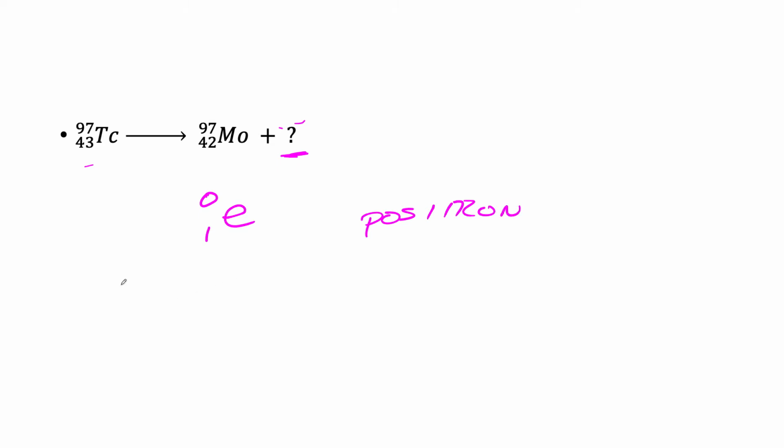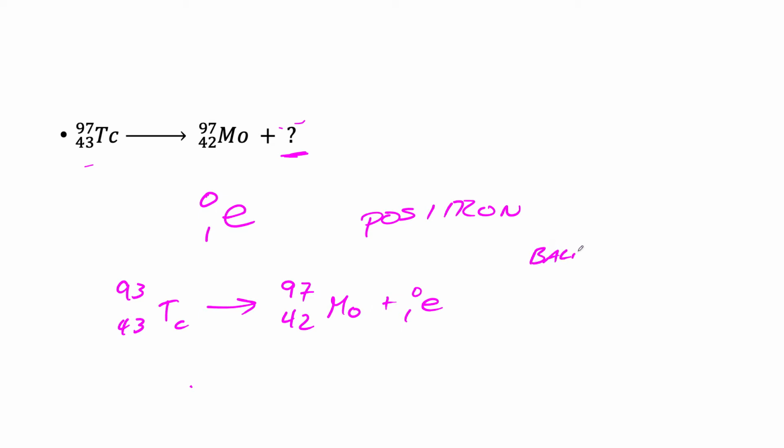So our actual reaction is going to be 97, 43 technetium, Tc. We'll end up going to molybdenum 97, with a positron being emitted. And that is how we balance the reaction.